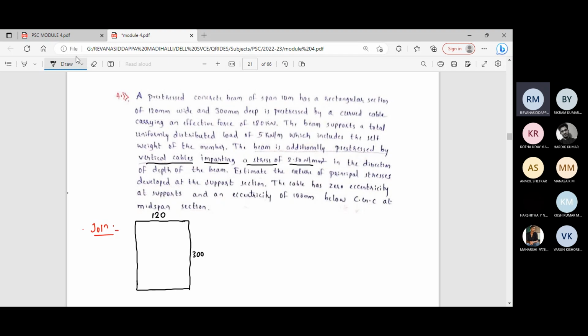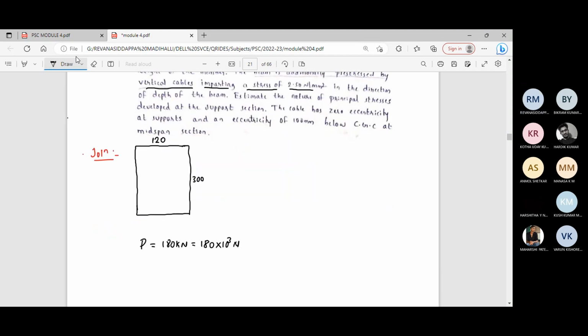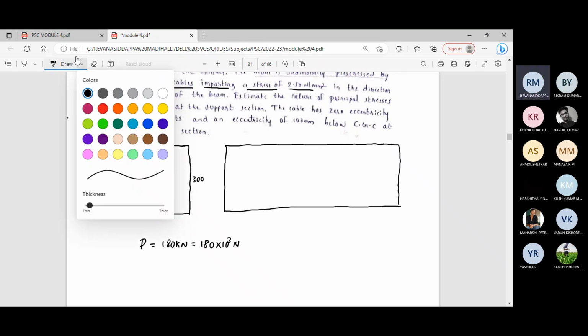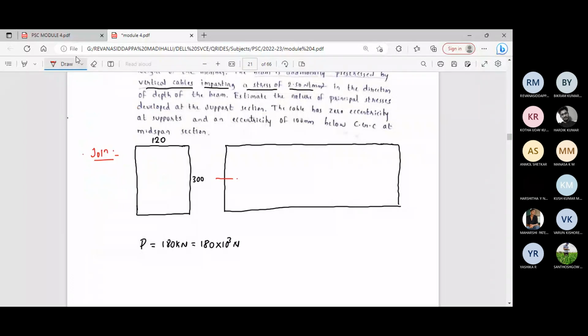So write the longitudinal section of the beam. Write the neutral axis as well.